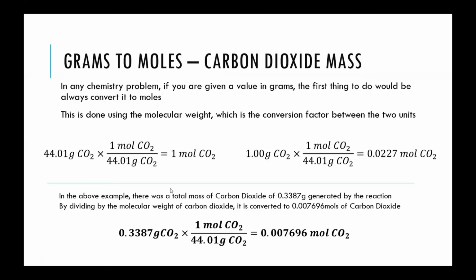Once you have the moles of a compound, you can then look at the reaction itself and look at the ratios between the molecules in the balanced reaction to figure out the masses of any of the other components within that reaction itself, either products, other products, or reactants.